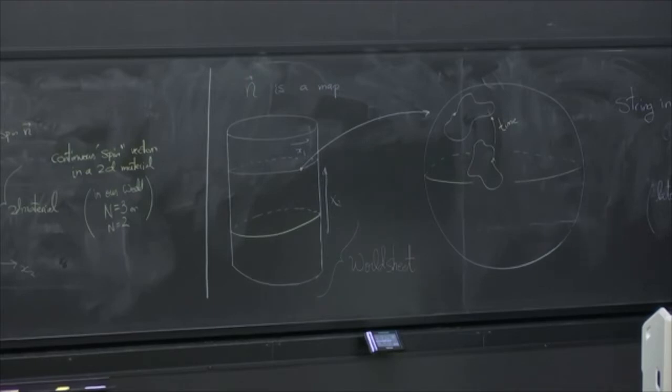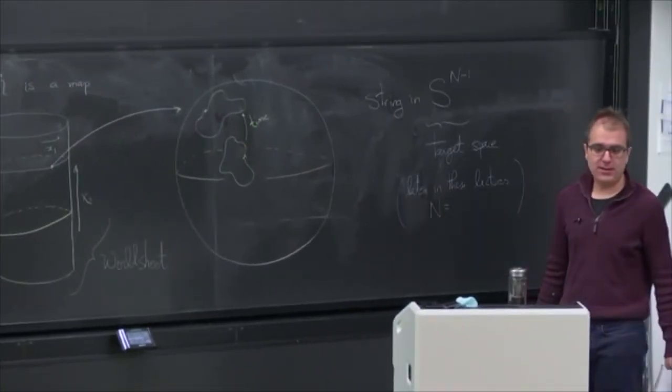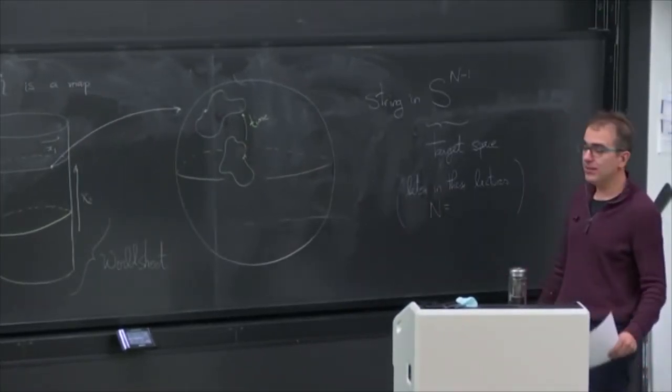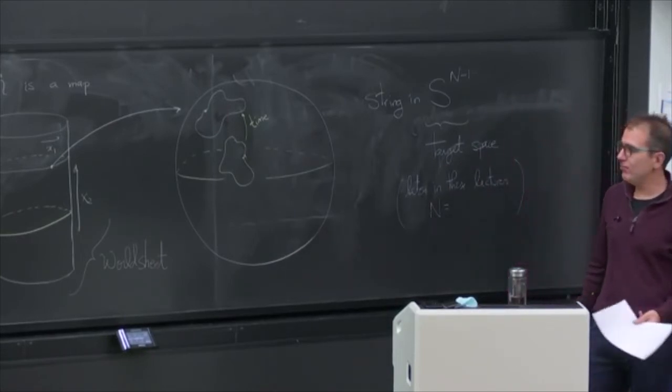Can you guess what's the dimension of the sphere we are going to find? So in this lecture we will find this, and then n will be equal to 10. It would be an idea to have a 10-dimensional sphere. Infinity? No, it's not.